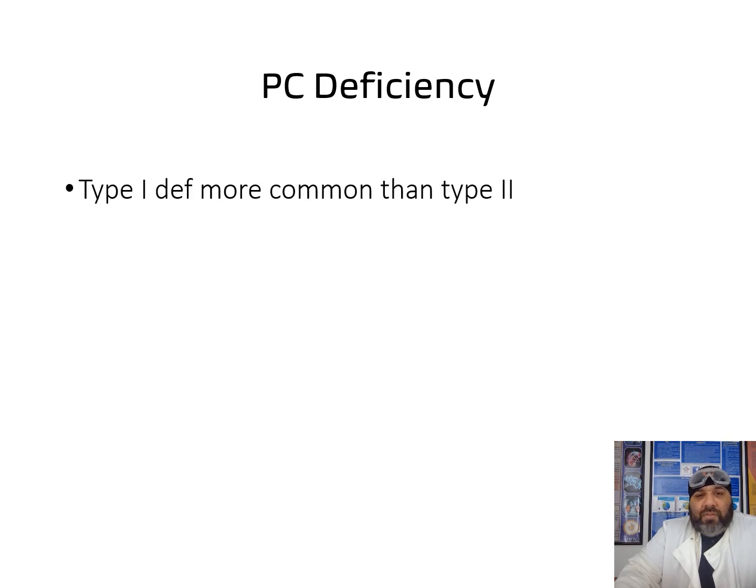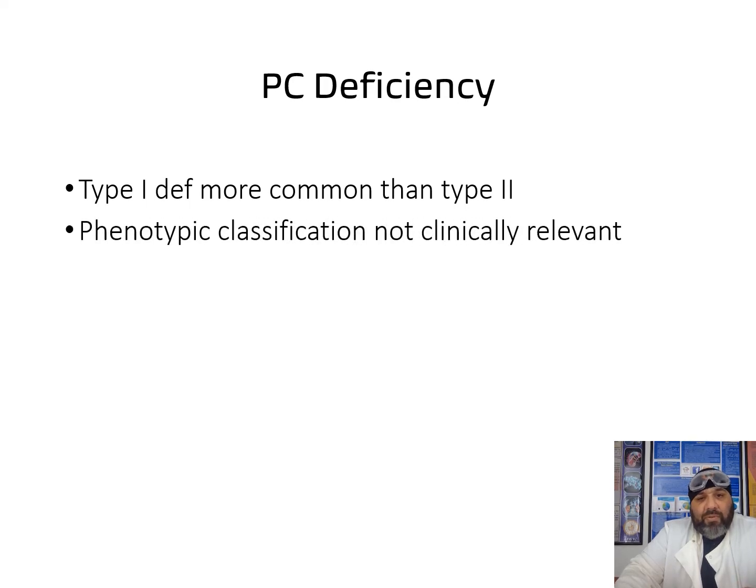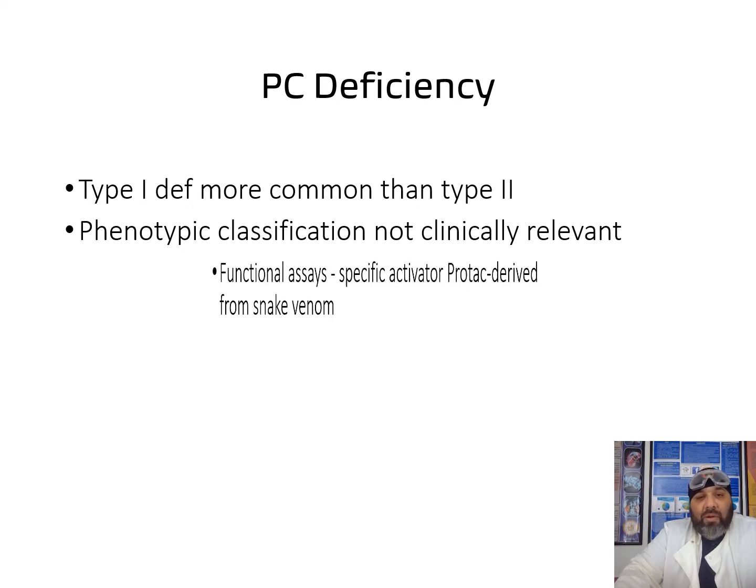Protein C deficiency has type 1 and type 2. There's more literature and context surrounding type 1 versus type 2. However, both are important from a physiological standpoint. Phenotypic classification is not clinically relevant, although from a molecular basis it can be important where further investigations might be required.